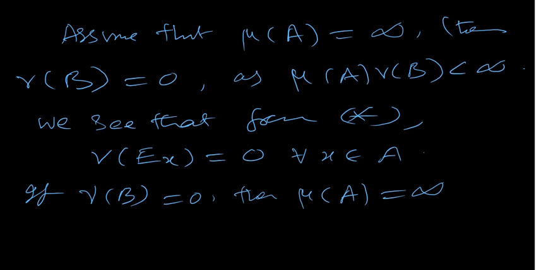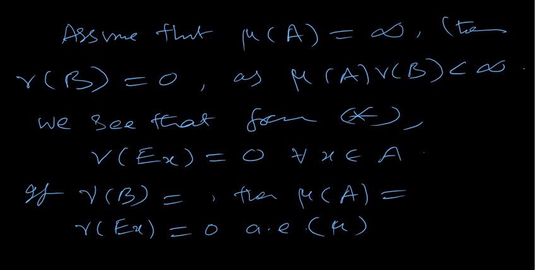In that case, you will see that nu of E_x is not equal to 0 for all x, but almost everywhere. Sorry, mu of B is equal to infinity. Then this one is equal to 0.